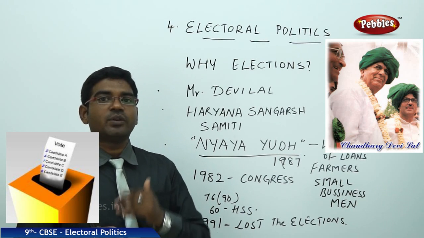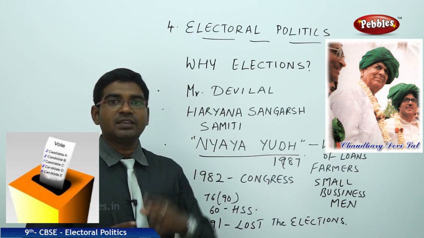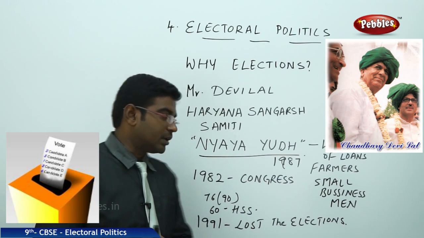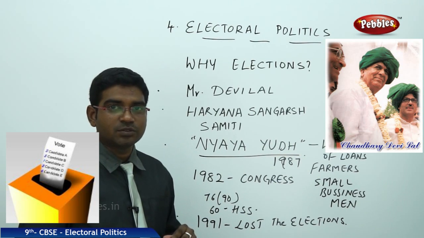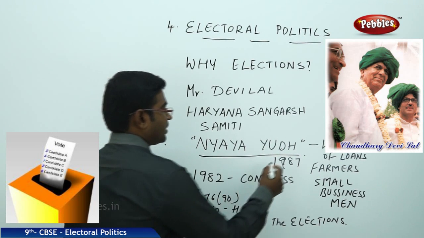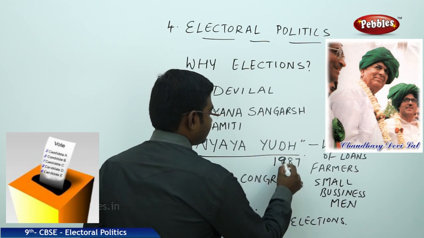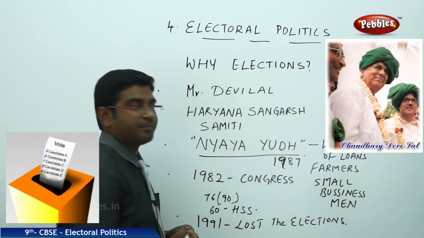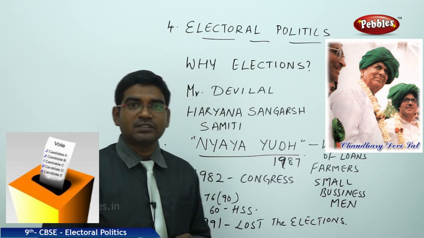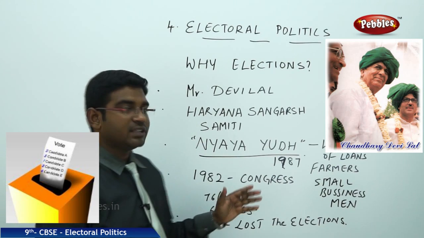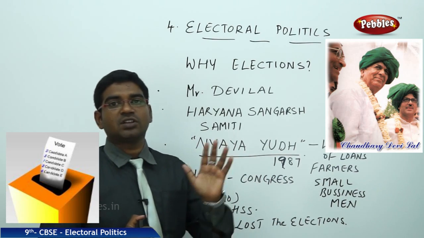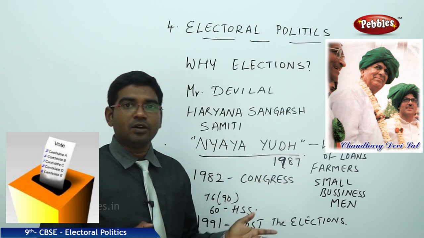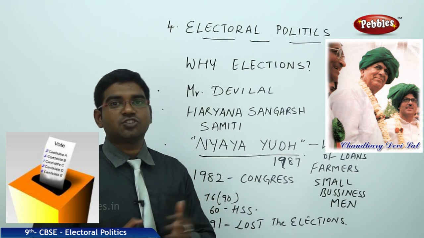Now, in order to regain political power, he started a new movement called Nyay Yudh. This was organized in 1987, exactly after the five years from 1982 to 1987 that the Congress had ruled, and now it is the time for the elections.